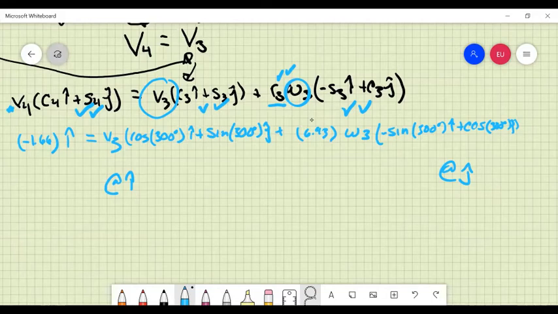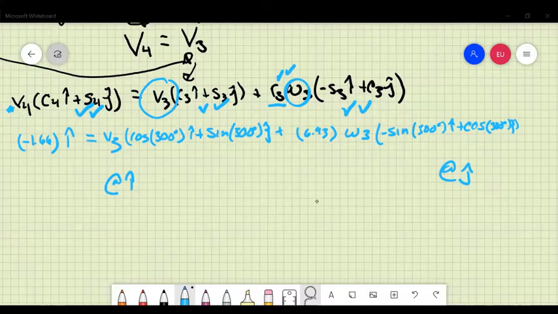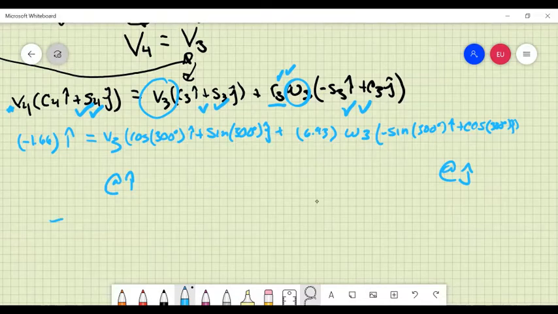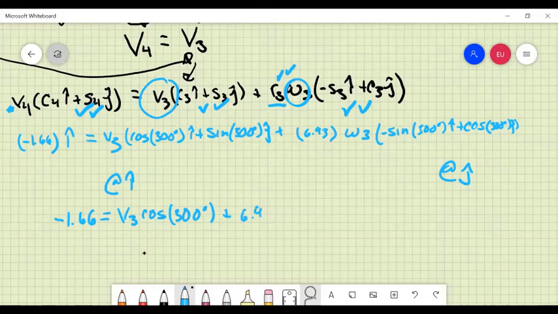So it will be minus 1.66 equal to B3 times the cosine of 300. You can also get this value numerically. Plus 6.93 omega 3 times the sine of 300, and I think this has to change to negative, right?